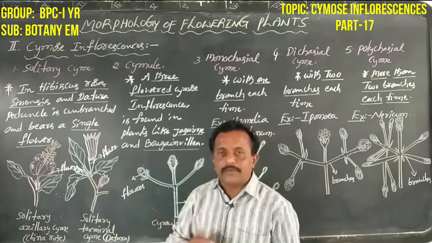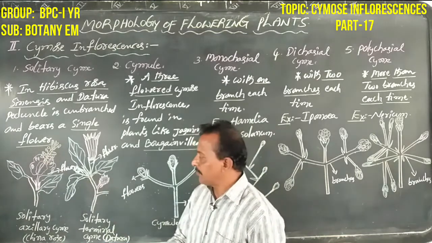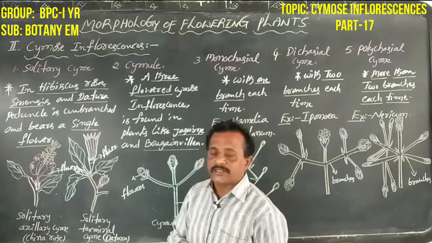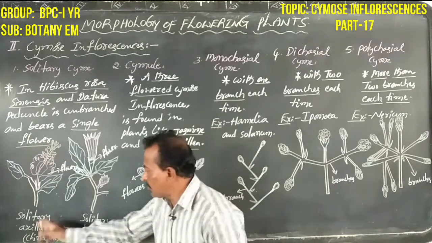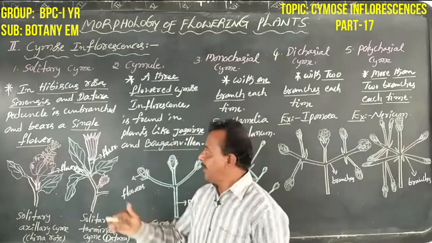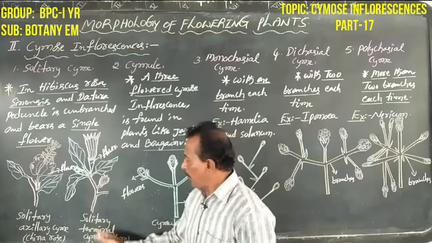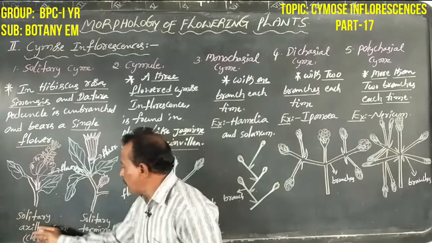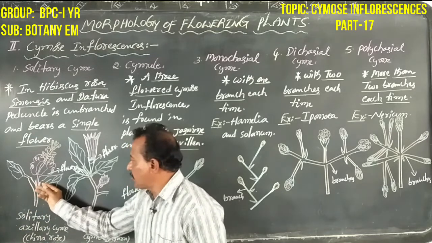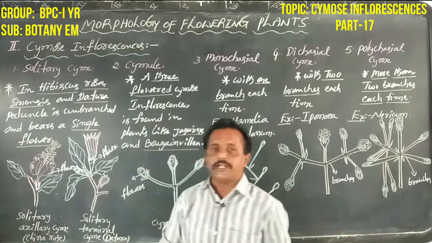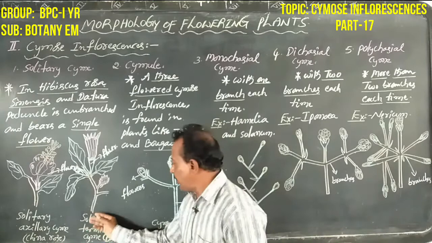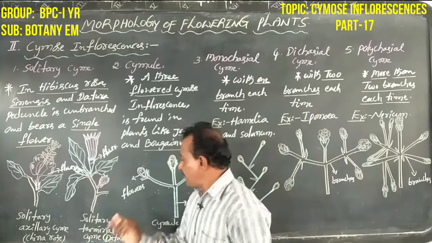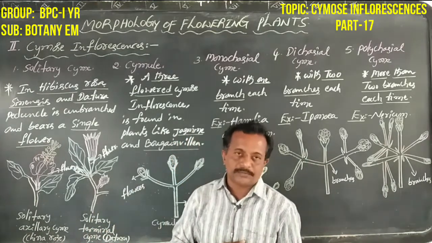This single flower is produced axillary in Hibiscus rosa-sinensis, and terminal in Datura. Solitary axillary cyme is seen in China rose, and solitary terminal cyme is seen in Datura.